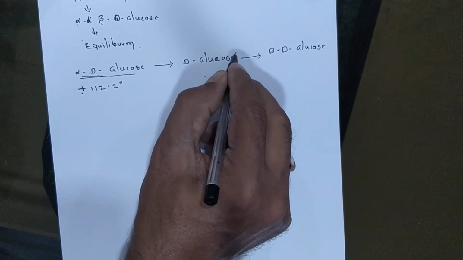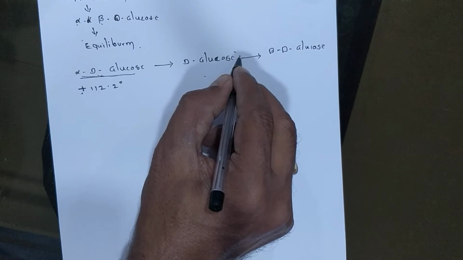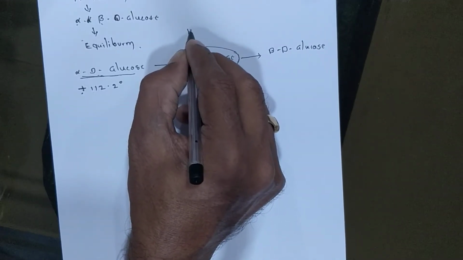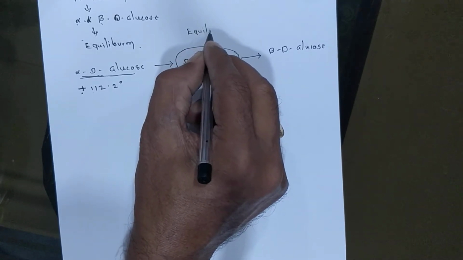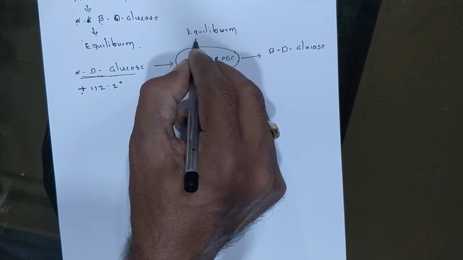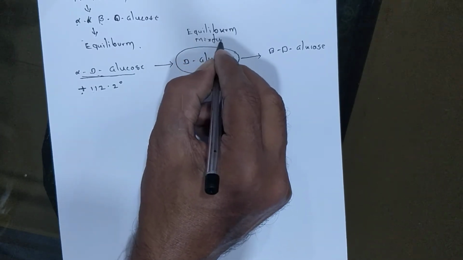Now these are the equilibrium mixture. In simple language, you can say equilibrium mixture. Why can you say mixture?